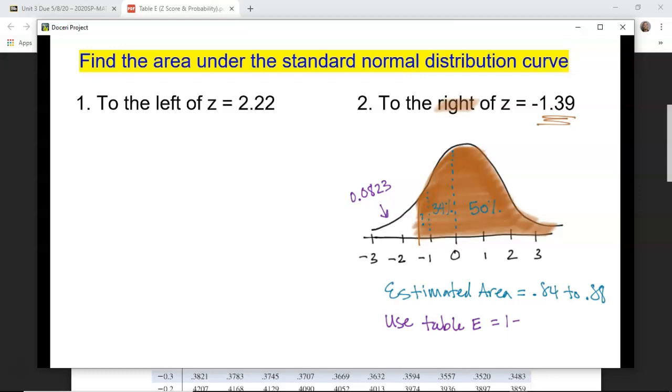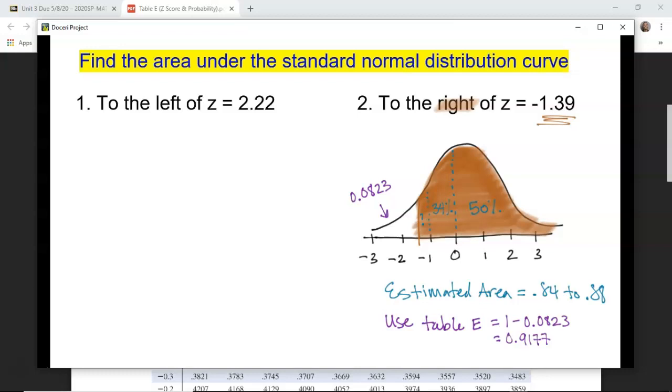So if the entire distribution, everything under the curve, represents 100% or 1, I would take 1 minus the area in the white, and that would give me the area that I want in the brown, which is 0.9177.